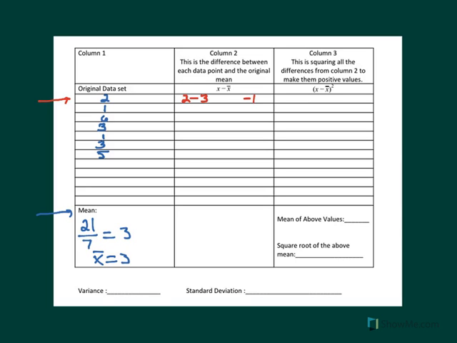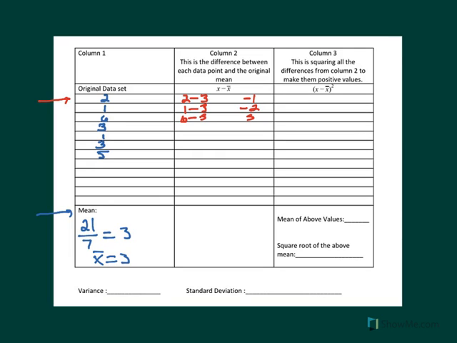And then the next one is a data point of 1 minus the mean, and 1 minus 3 should get us -2. And then 6 is our next data point, minus the mean. So 6 minus 3 should get us 3. Notice some are working out to be positive and some are working out to be negative. This is why we're going to square everything.